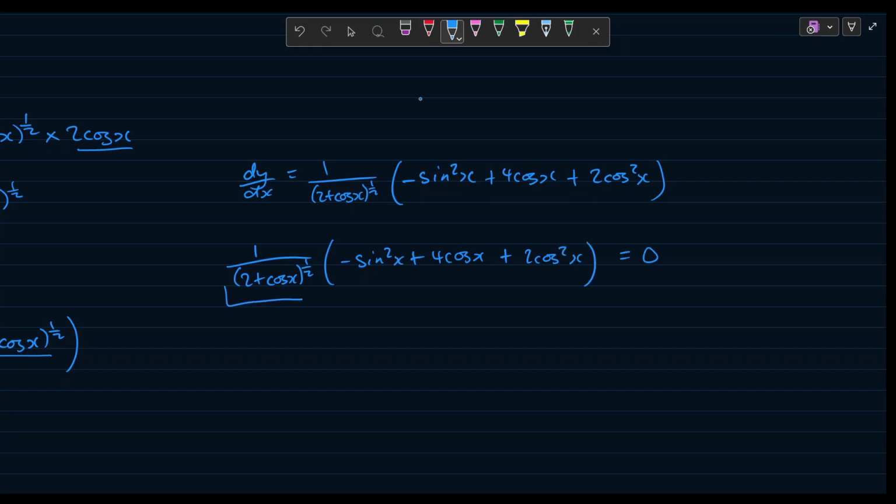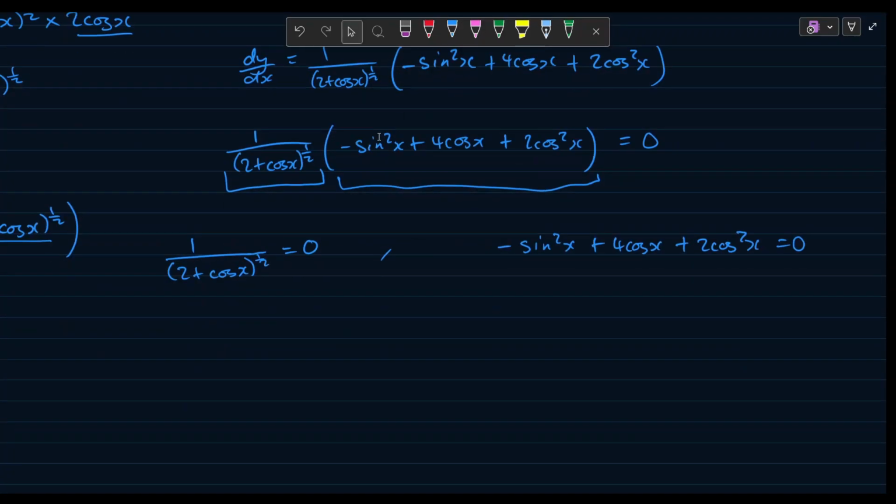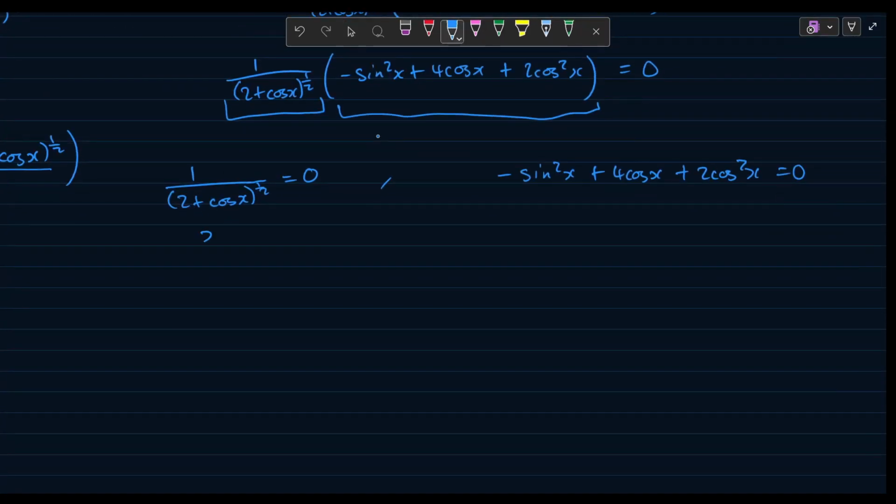So this means either this part is 0 or this whole parenthesis is 0. So we can have either 1 over (2 plus cos x) to the half is equal to 0, or negative sine squared x plus 4 cos x plus 2 cos squared x is equal to 0. With the first equation, we're going to get no solutions because we can't solve that.